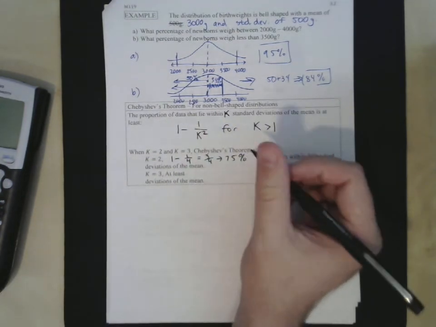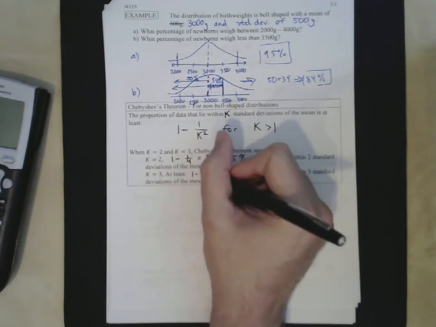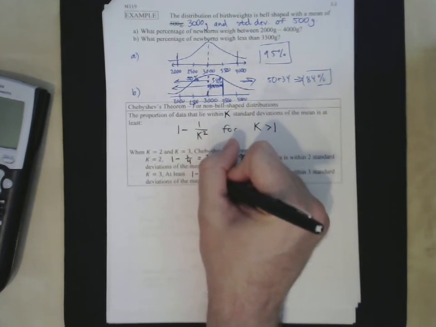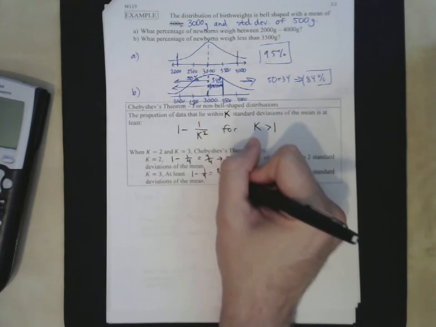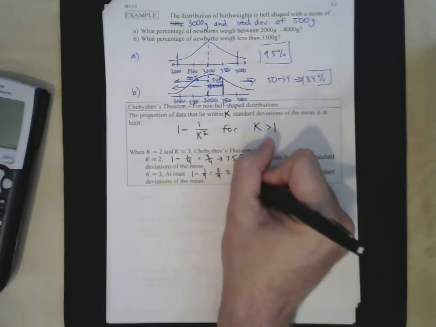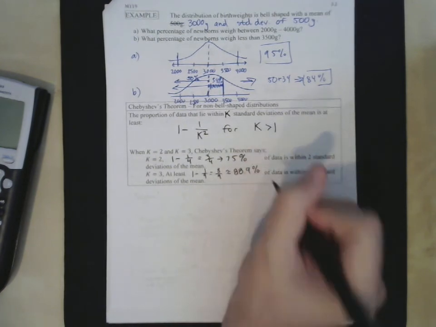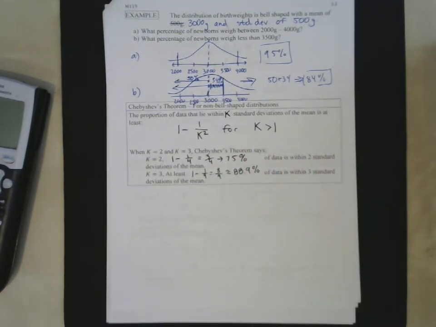When k equals 3, at least 1 minus 1/9 or 8/9, which is approximately 88.9% of data is within 3 standard deviations.